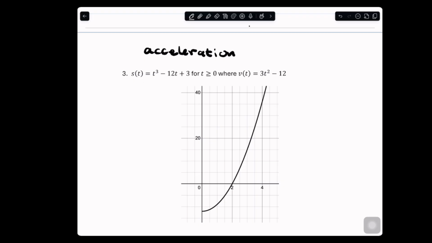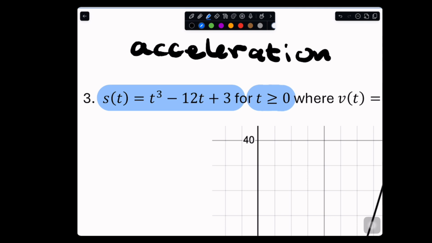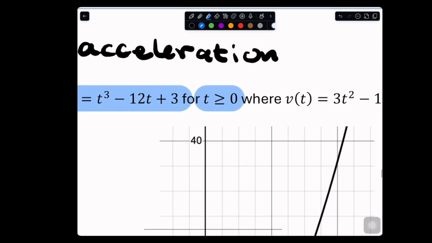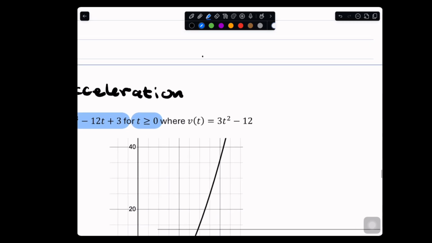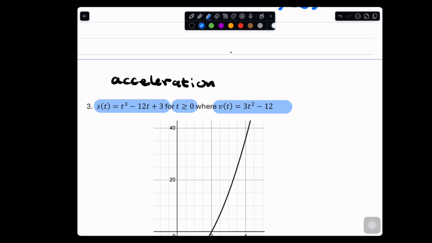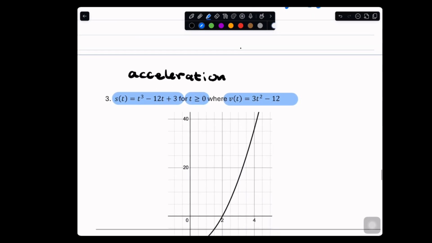Okay, given the position function s of t here. Here's our position function s of t. T is always greater than or equal to 0. But this is not the velocity worksheet. This is the acceleration worksheet. So you already got this velocity in the past. In other words, it's on the prior worksheet on velocity, really called motion. So now we need acceleration.